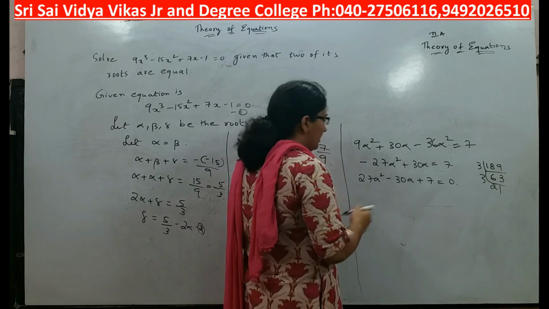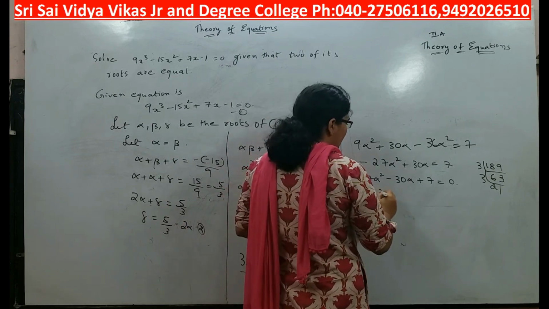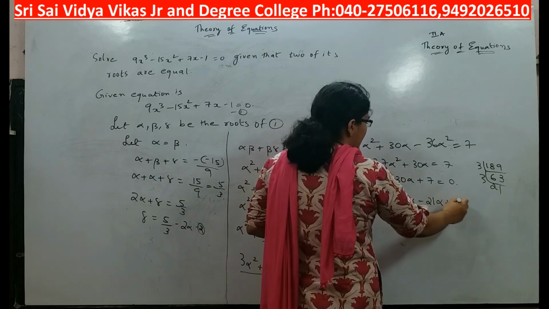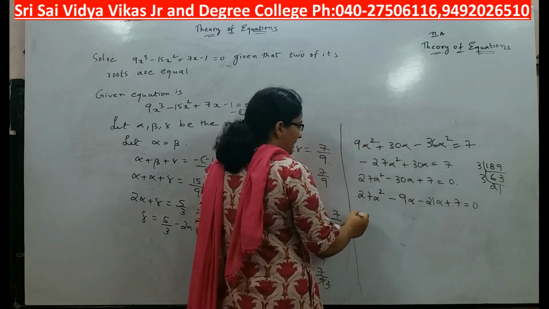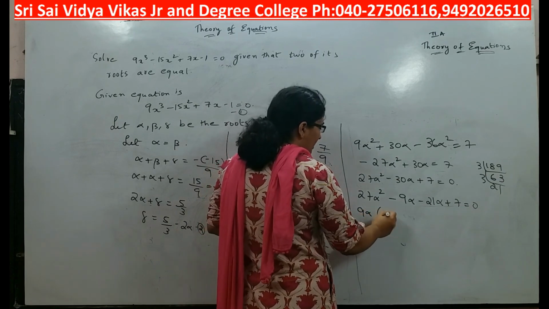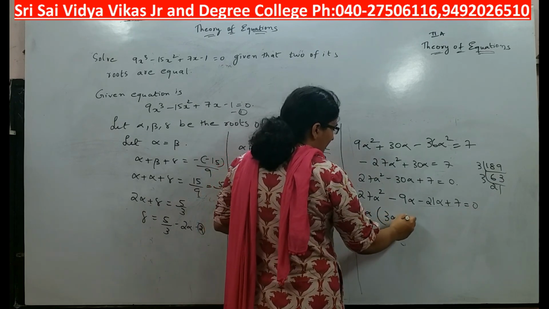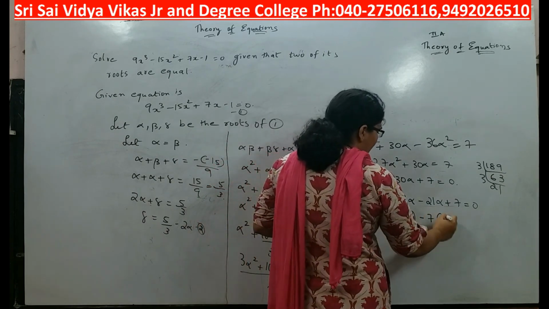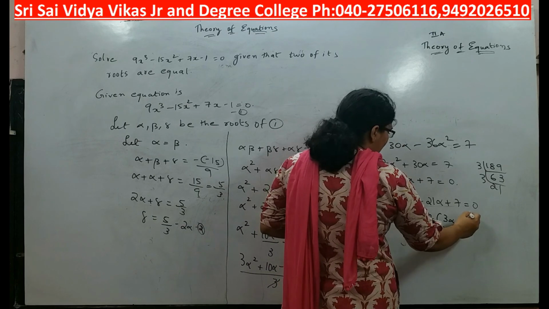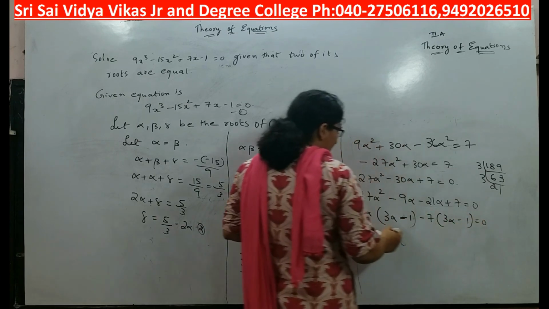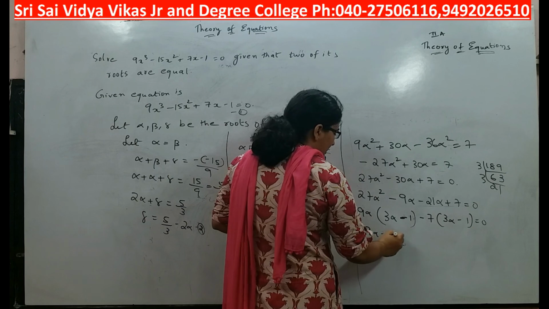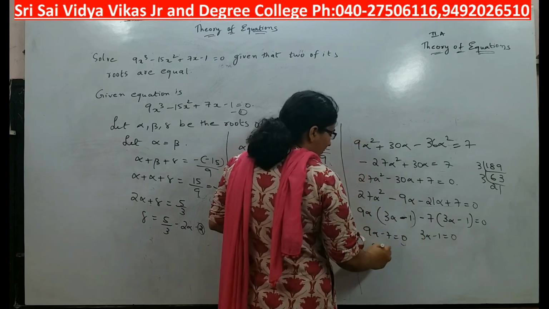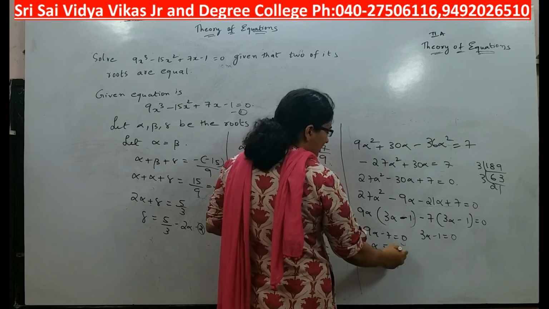What do you get? 27 alpha² − 9 alpha − 21 alpha + 7 = 0. Take 9 alpha common: 3 alpha − 1, and −7 common: 3 alpha − 1, equal to 0. So 9 alpha − 7 = 0 and 3 alpha − 1 = 0. Alpha = 7/9 or alpha = 1/3.